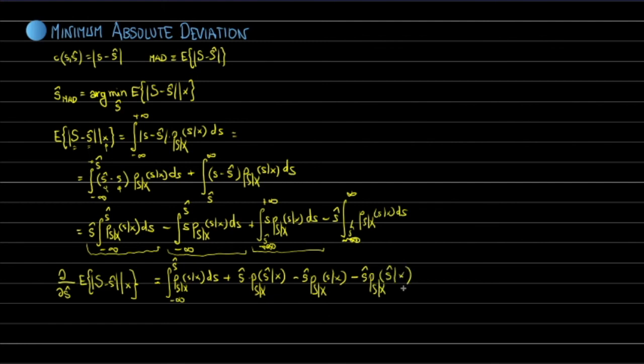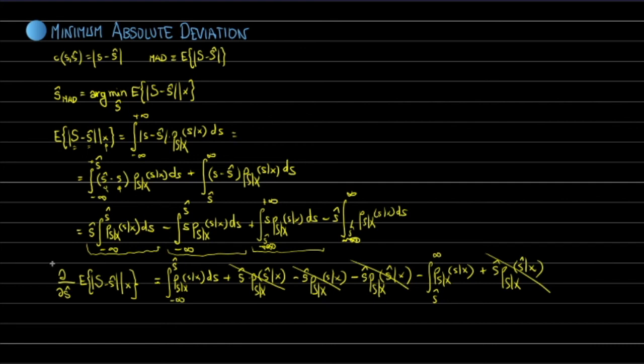Well, and in a similar way, we can compute the derivative of the last term, which will be given by minus the integral from S hat to infinity of P of S given X, plus S hat P of S given X evaluated at S hat. Okay, so we can see here that these terms are all the same with opposite signs, so they cancel each other. So we have only two integrals remaining.